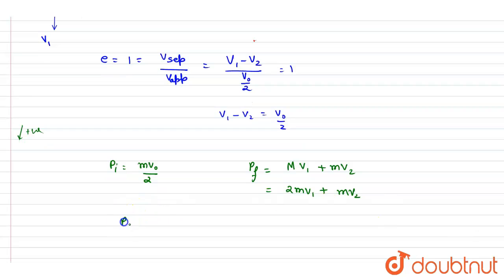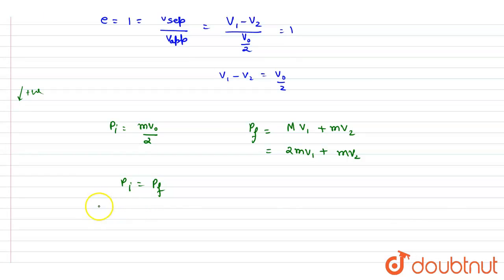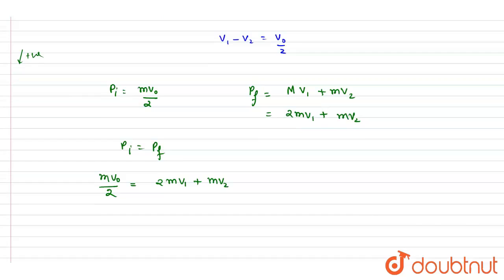As we have discussed that there is no external impulsive force in vertical direction, initial and final momentum will be equal. So this m you can cancel out, right?